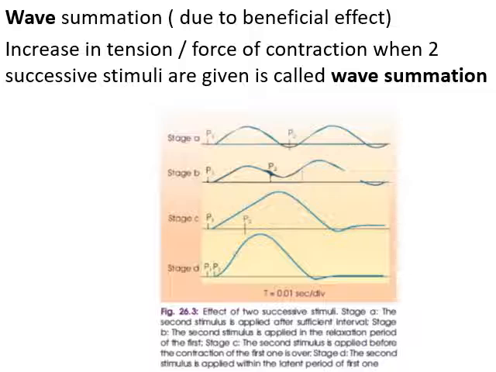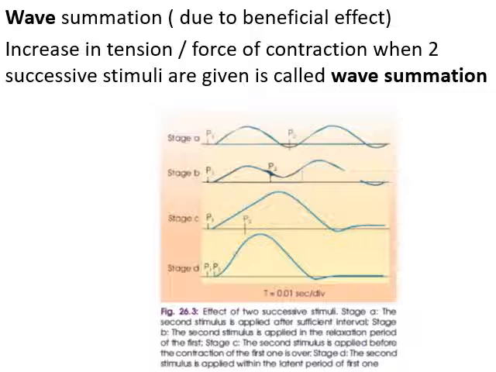You can see here the waves get summated and there is an increase in the tension. Now this increase in tension is due to more and more contractile elements getting activated. This is called the beneficial effect.